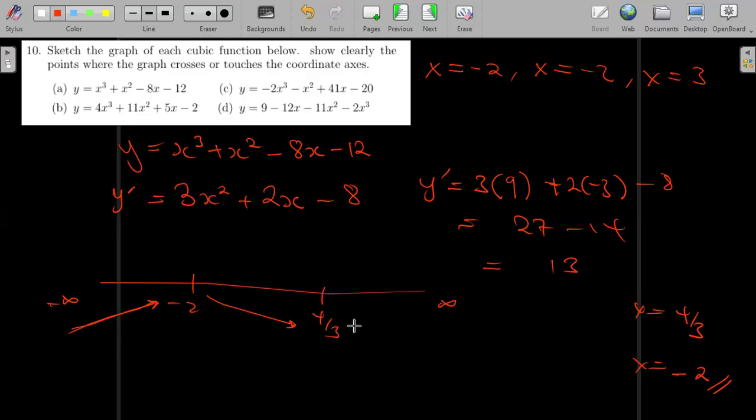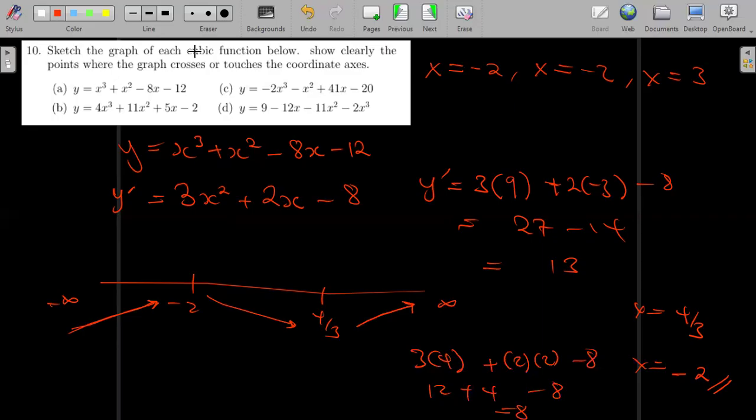Let's say I pick 2. 2 squared is 4, so I have 3 multiplied by 4 plus 2 multiplied by 2, then minus 8. This gives me 12 plus 4 minus 8, which is 16 minus 8, giving me 8. It's positive, so my graph will be increasing like this. Remember this graph, it is going to be key in our calculation.